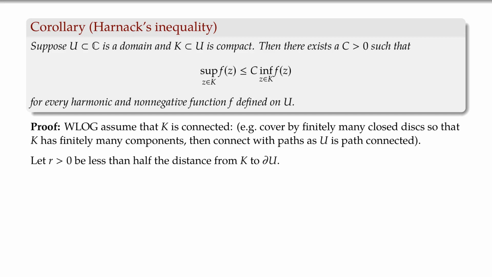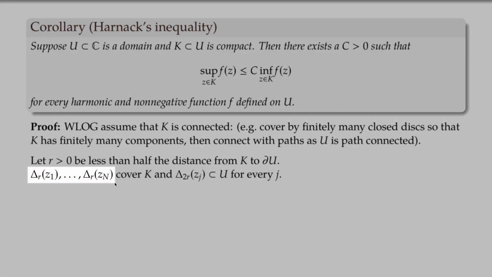Now let R be less than half the distance from k to the boundary of U. Right, so k is compact, so it has some positive distance. So let R be something that's less than 1/2 of that. Why do we do that? Well, now cover k with finitely many R disks.